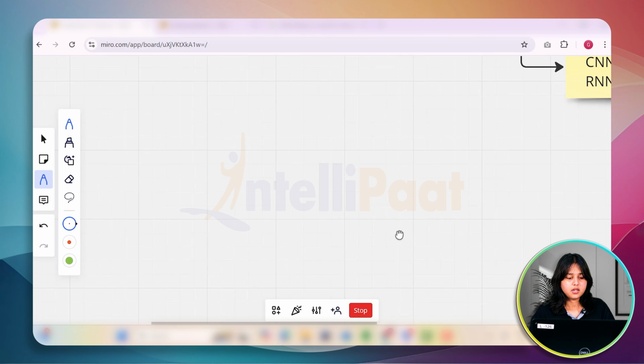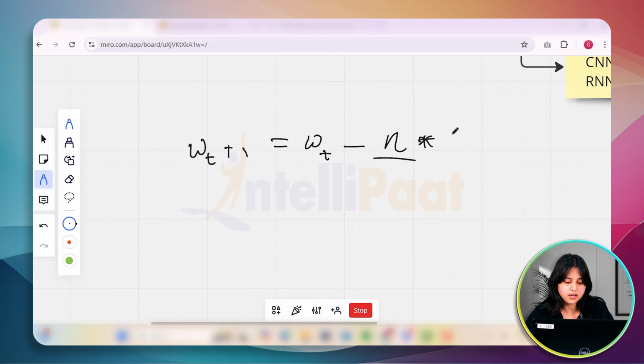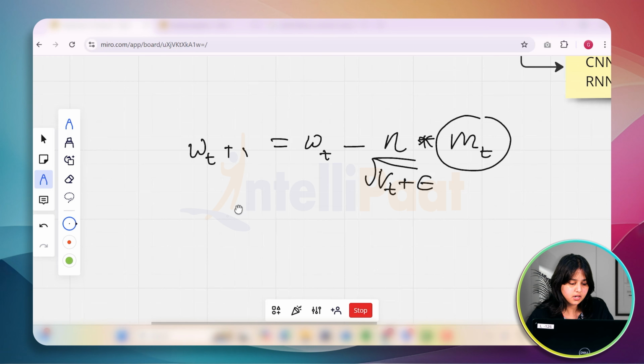So let's look at the mathematics behind this optimizer. We have our new weight, which is calculated by our old weight subtracted by our learning rate multiplied by Mt, divided by similarly Vt plus epsilon, right?